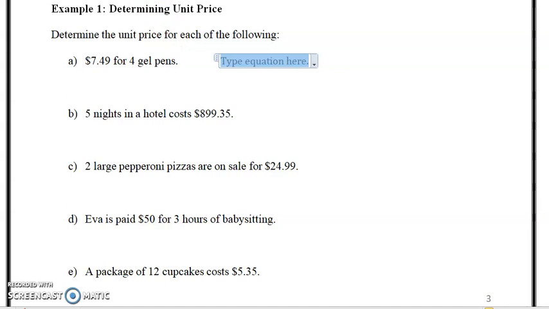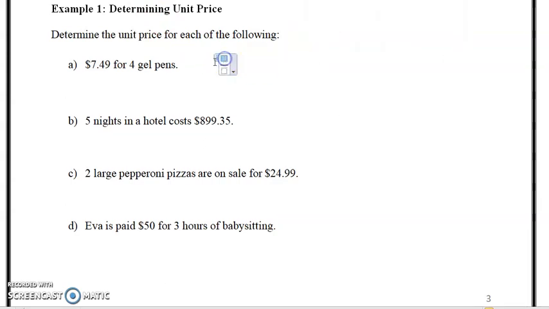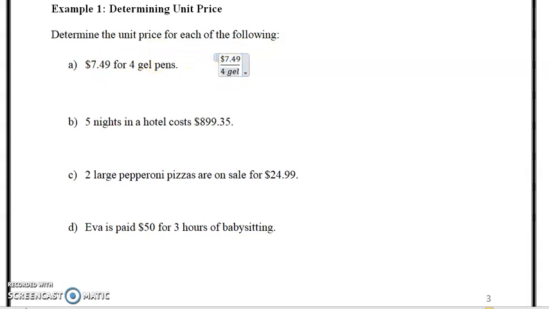So we go to our calculator, we take our cost, $7.49, and divide it by 4 gel pens, and on your calculator you get 1.8725.